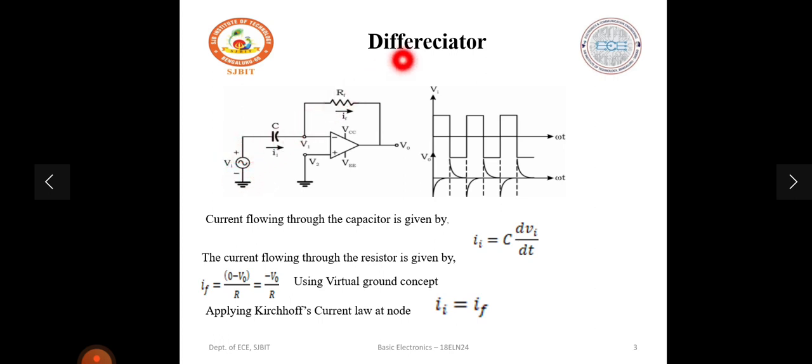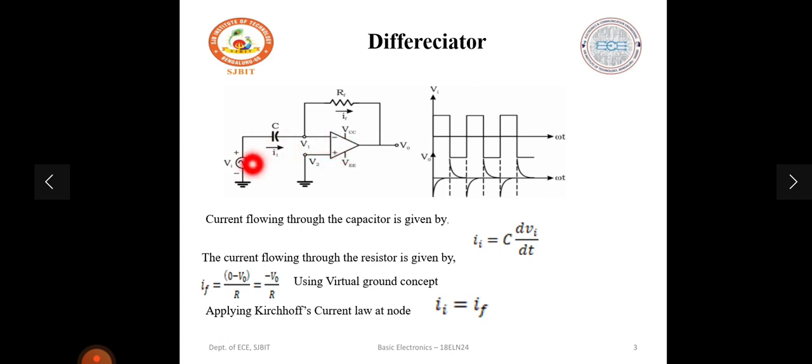Whether it is a differentiator or an integrator, we connect the input to the inverting terminal and the non-inverting terminal is grounded.